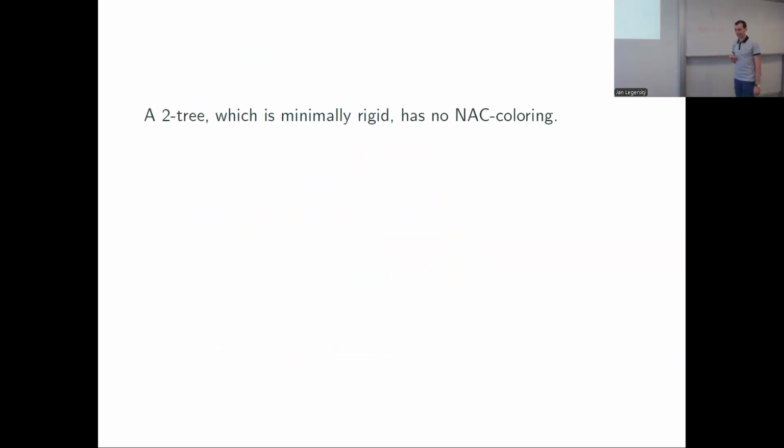And it's basically based on the previous example, it's easy to see that if you have a 2-3, it has no NAC-coloring. Does everybody know what I mean by 2-3? I start with an edge, and now I add degree 2 vertices that I connect to an edge.